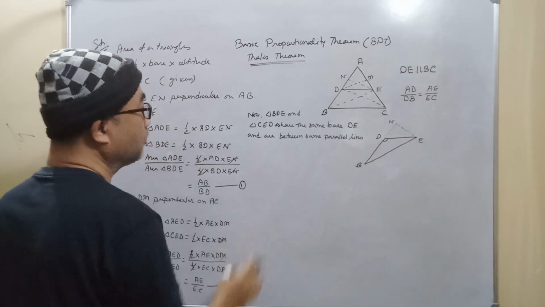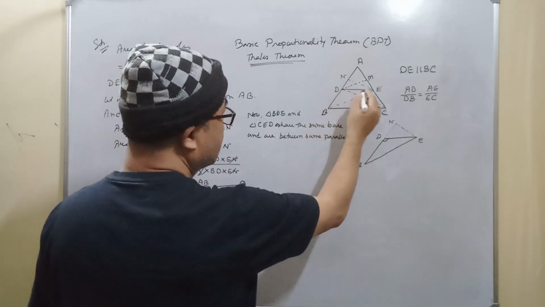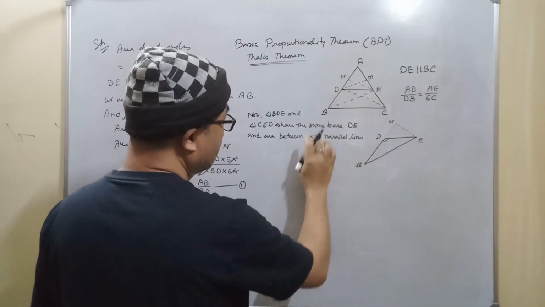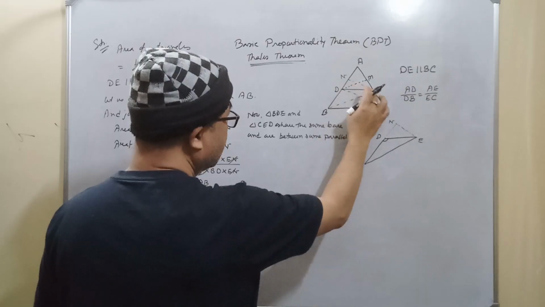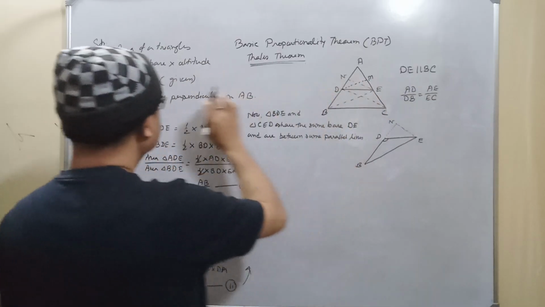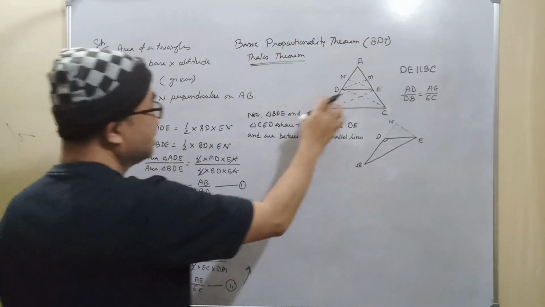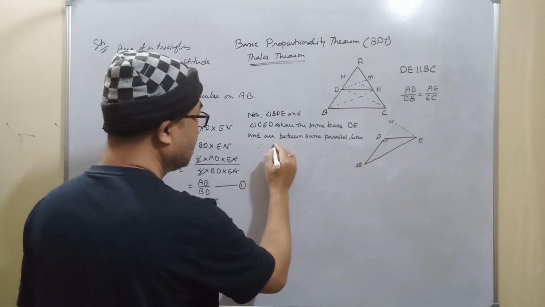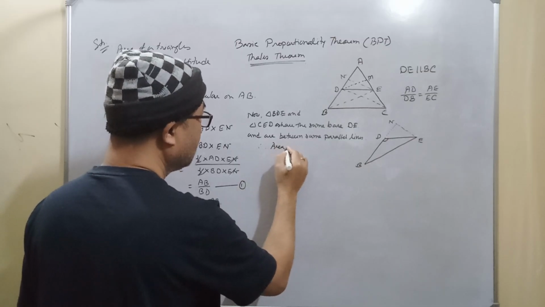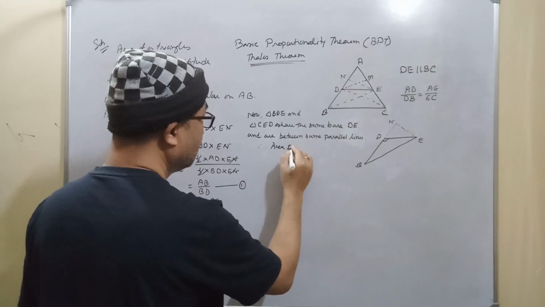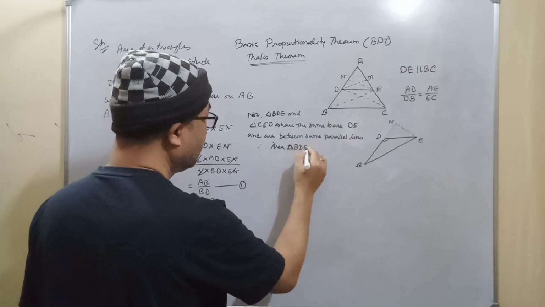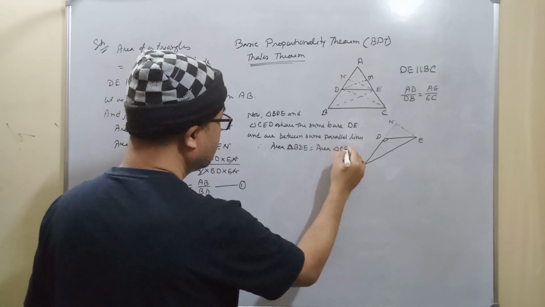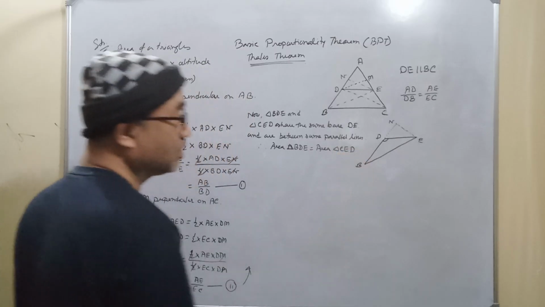So these two triangles BDE and CED share the same base DE and are between the same parallel lines. DE is parallel to BC. This line is parallel to this line. So if that is the case, then area of triangle BDE is equal to area of triangle CED, right?